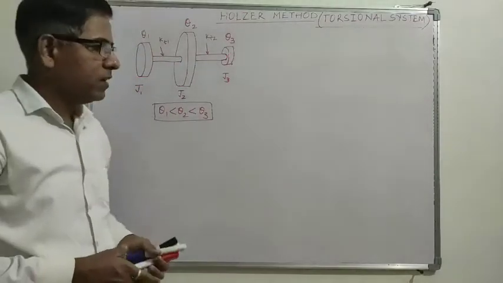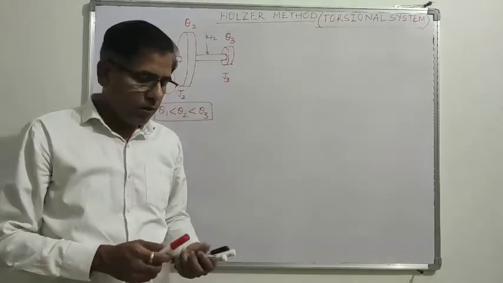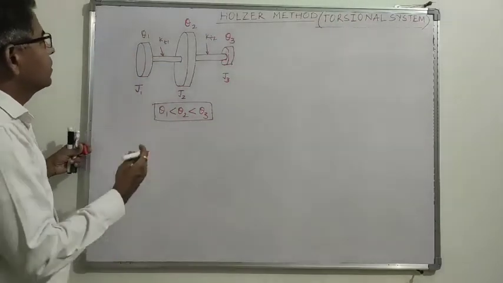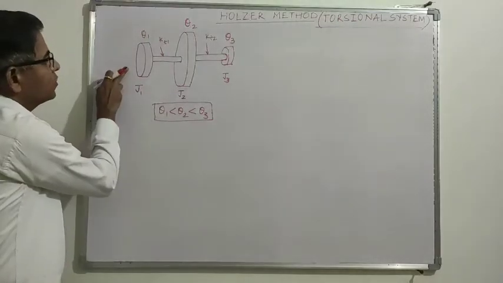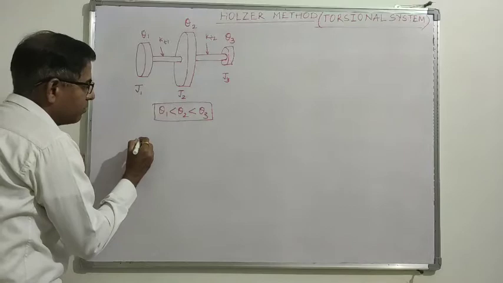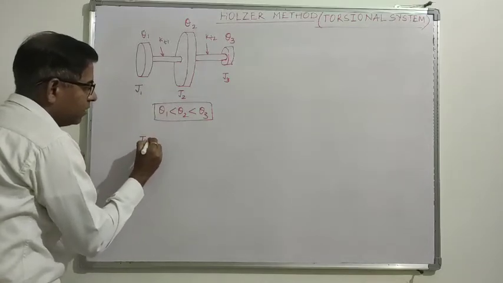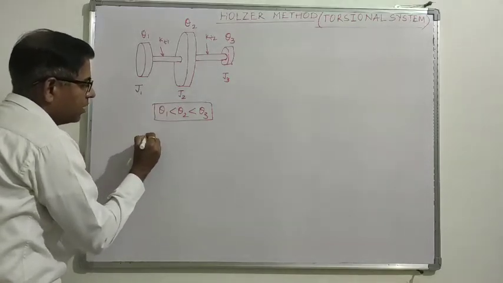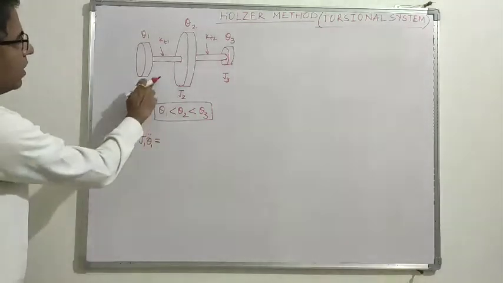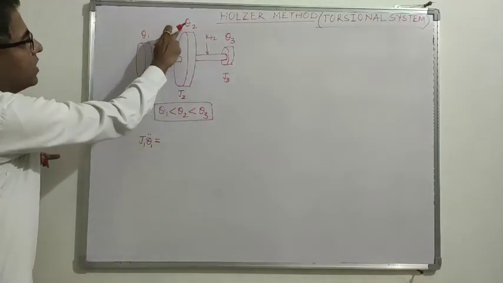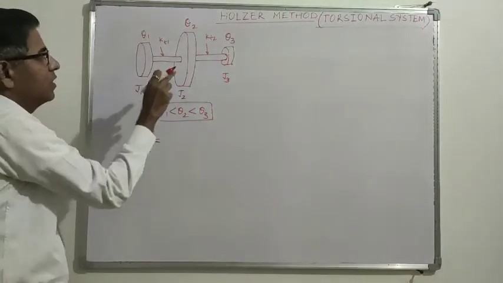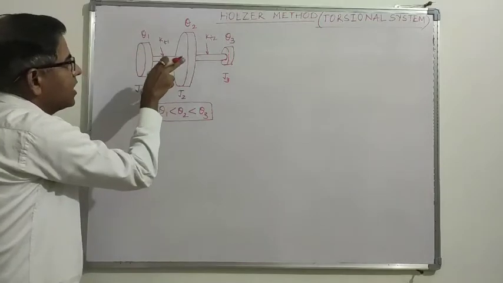Now we will make the equations of motion over here. So for the first rotor, the inertia torque is given by J1 theta 1 double dot is equal to. Now here theta 2 is greater than theta 1, so the stiffness force will be in this direction.